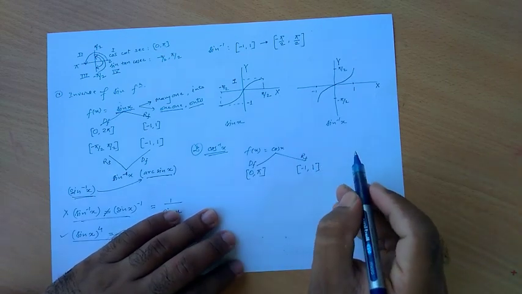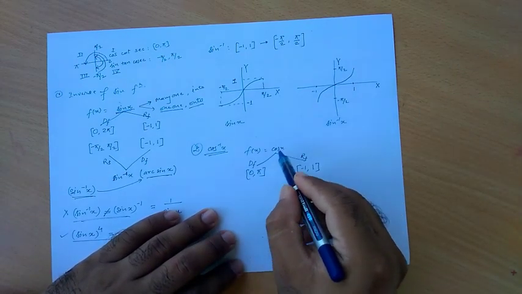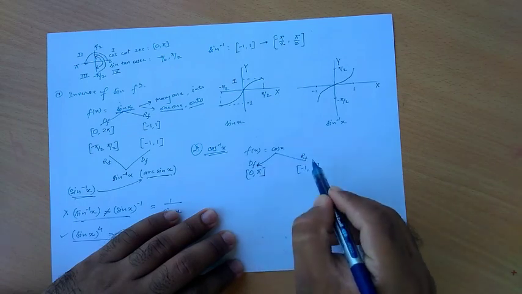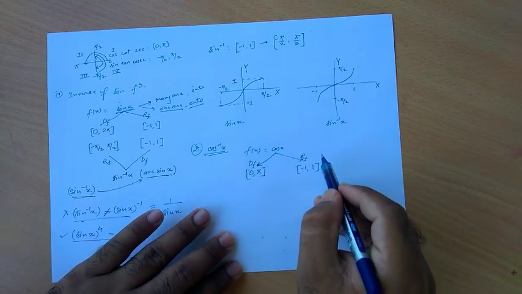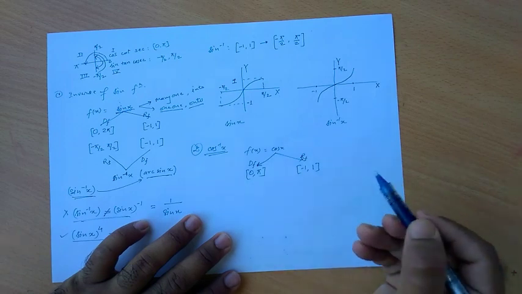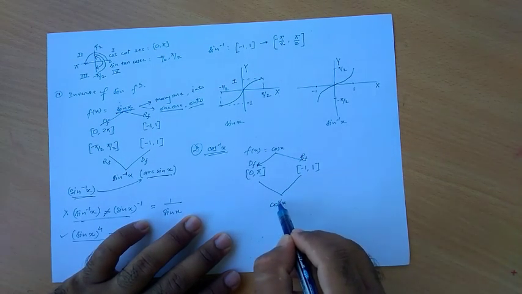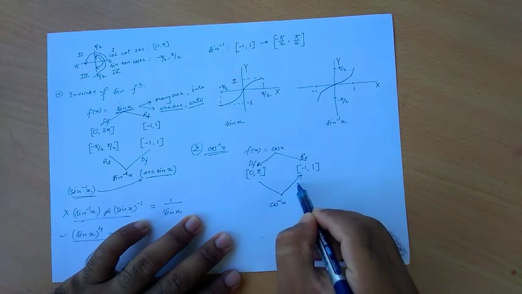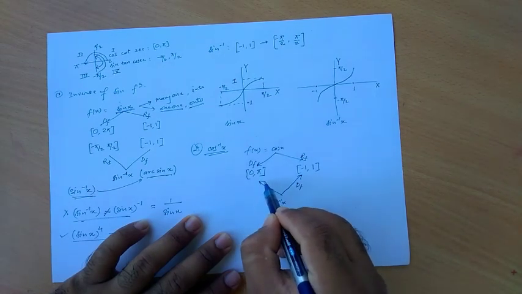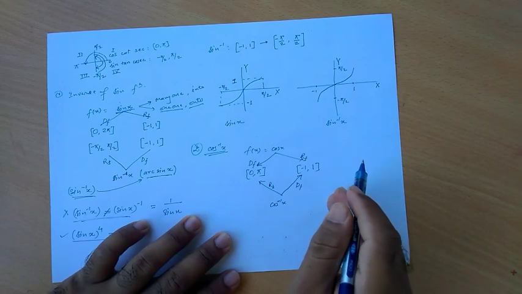We are considering this one, and for cos it will work as the domain, this will work as the range. But for cos inverse x, it will work as the domain and this will work as the range of the function.